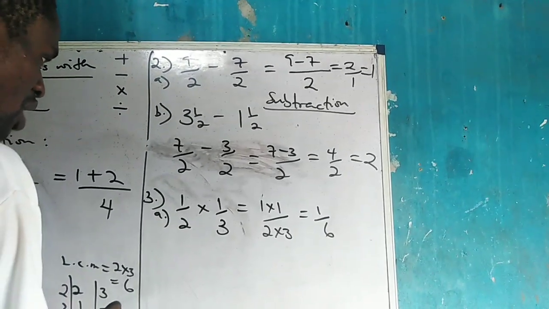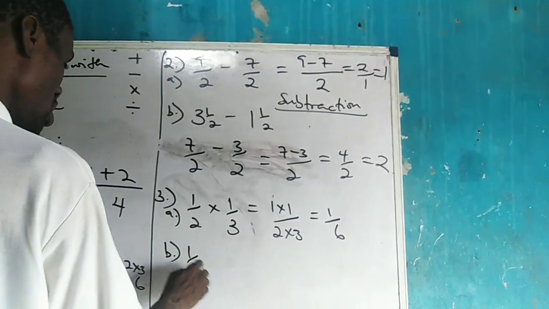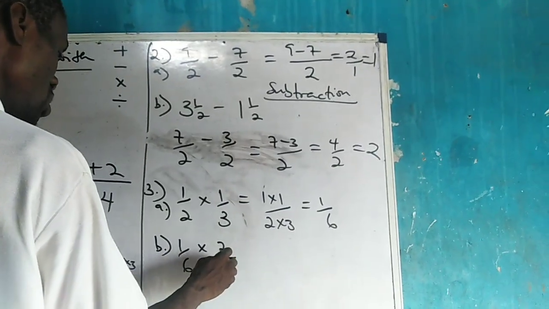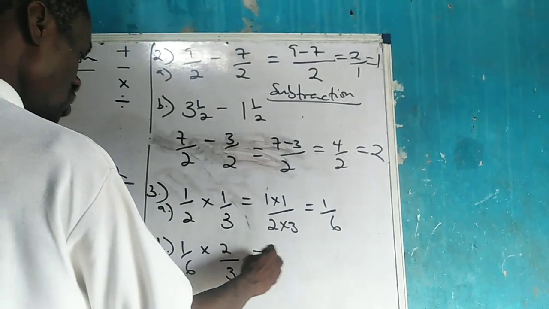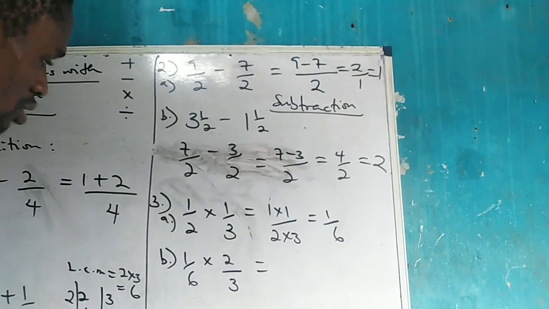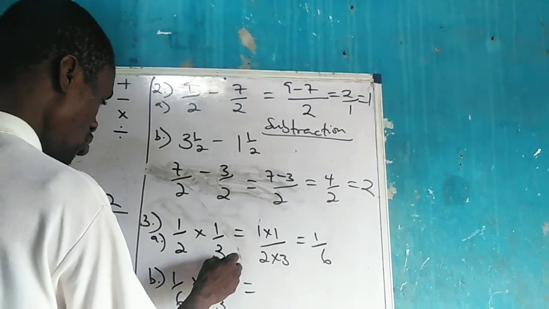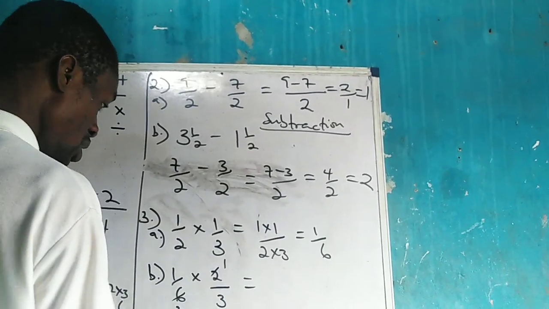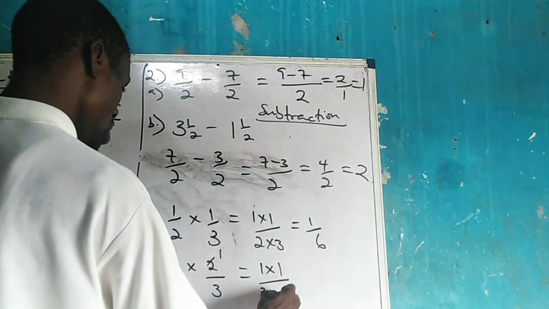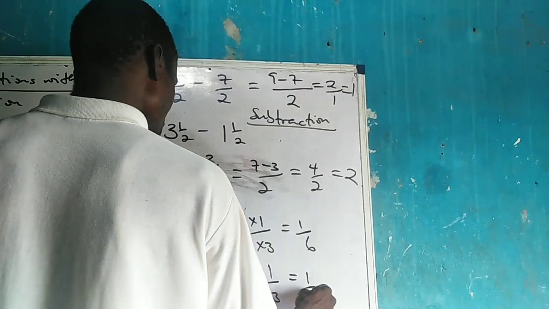And for the second case, I have 1/6 times 2/3. Are you seeing something like this? Here 2 into 2 is 1, and 2 can go into 6. I'm left with 1 times 1 all over 3 times 3, which will give us 1/9.